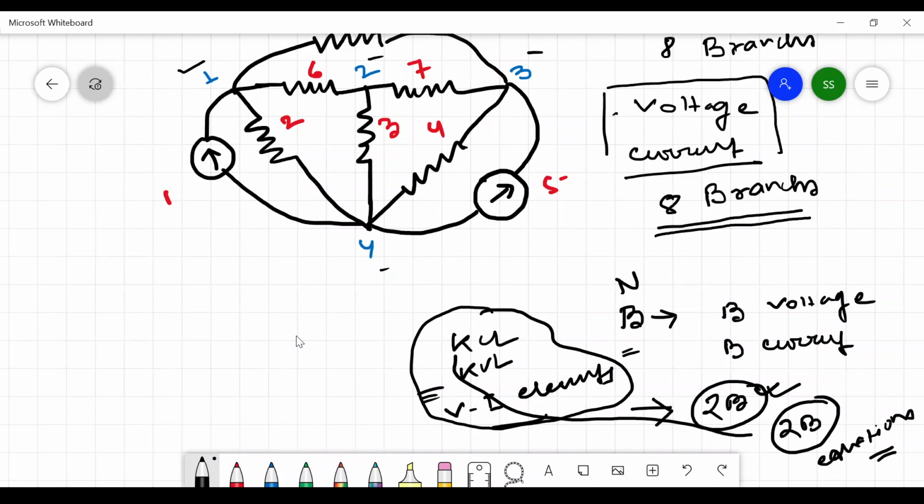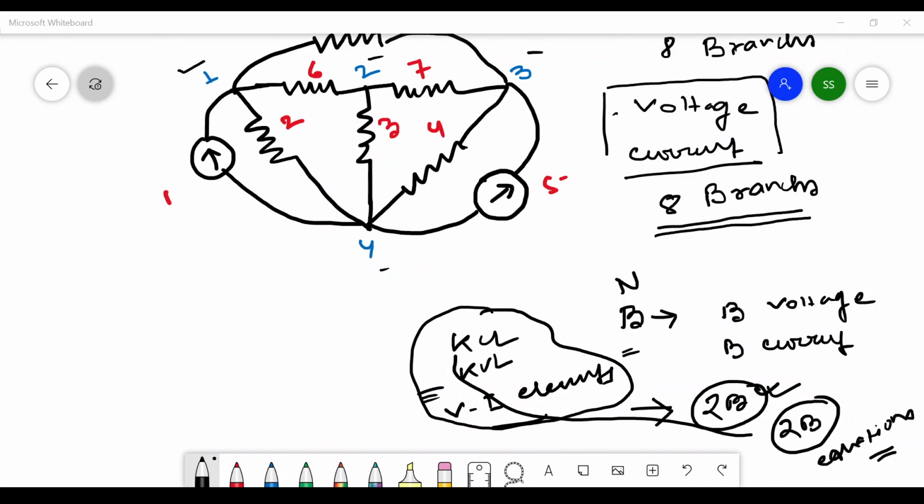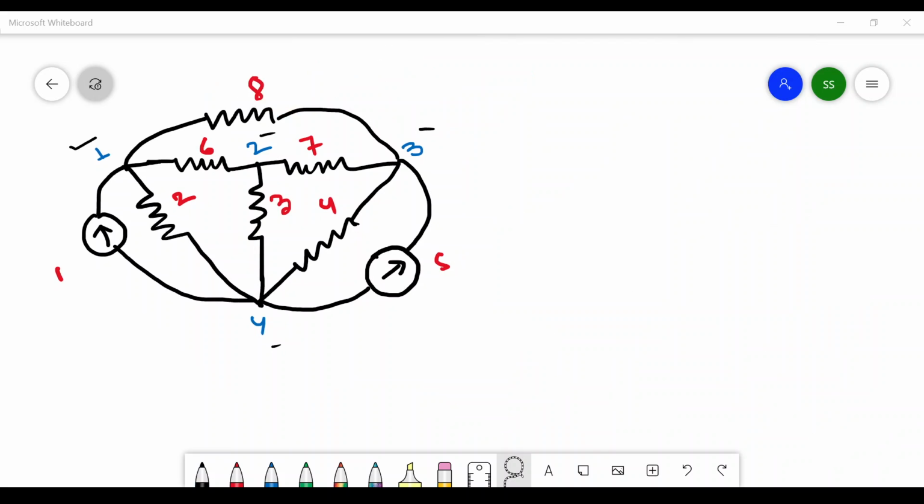Okay, so here in this particular network, we see that there are 4 nodes and 8 branches. Let us define different currents in these different branches.